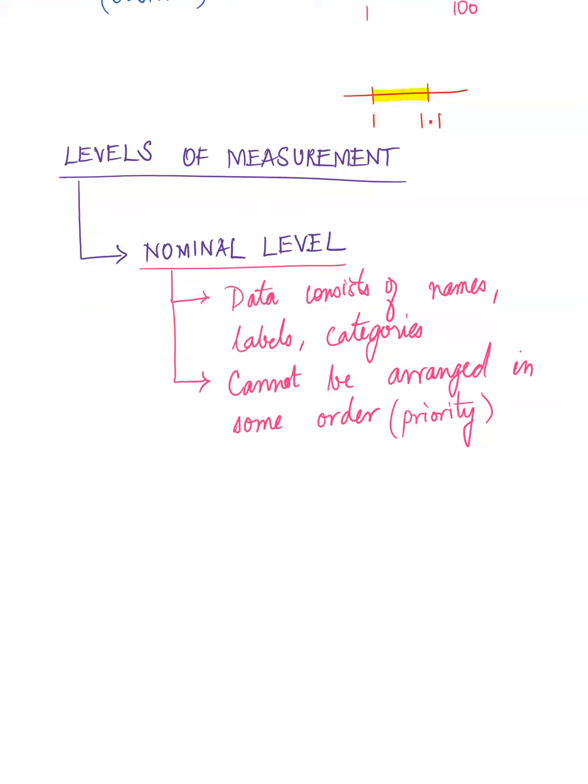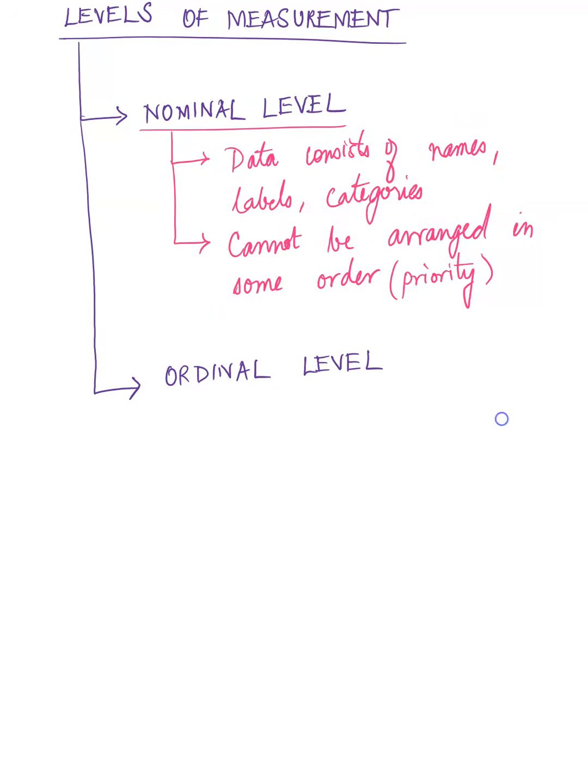Next, we have ordinal measure, ordinal level, let's say. And here, it involves data that can be arranged in some order. Okay.